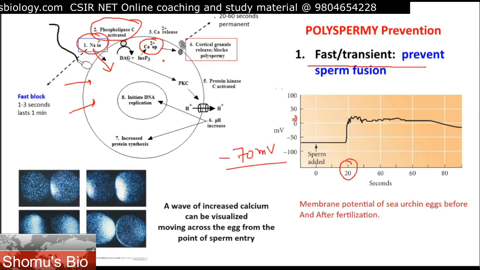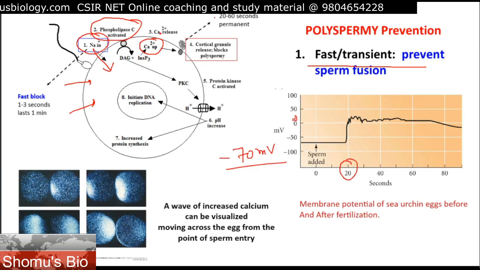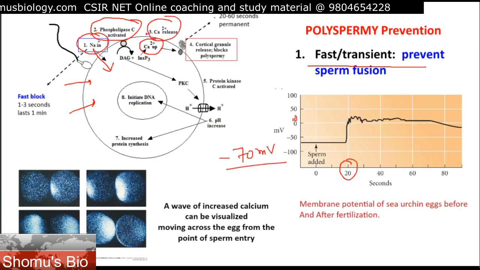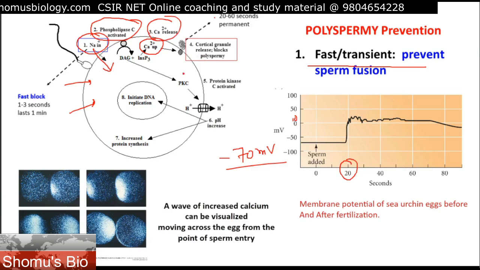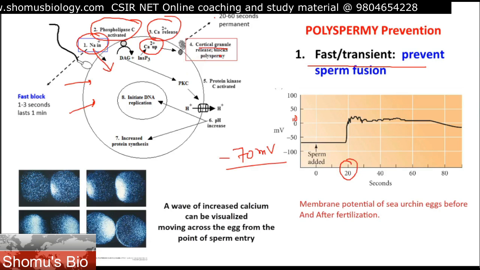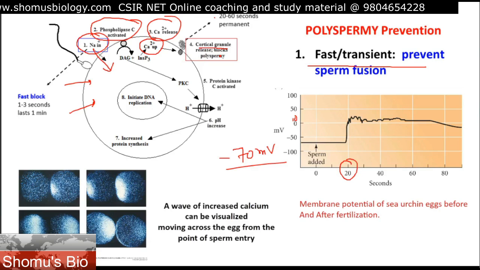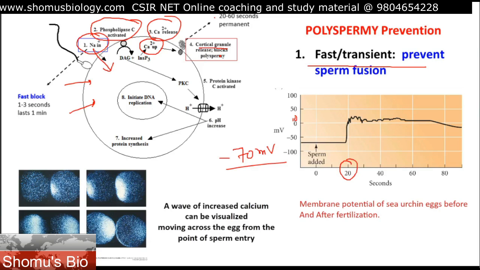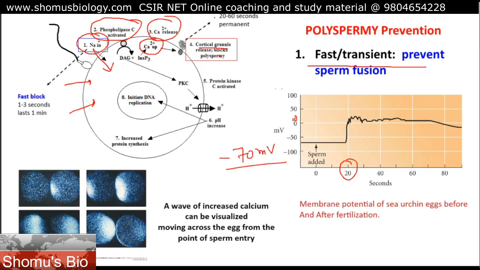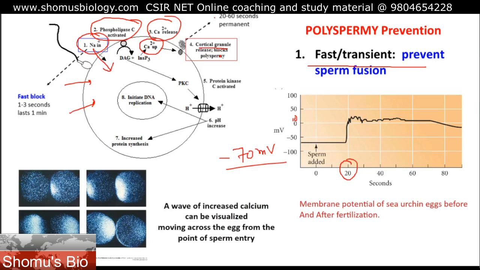So this more calcium will trigger the release of calcium mediated granules, which are present inside that egg, known as cortical granules. Okay, so in the egg they have these vesicles filled with what we call cortical granules. They produce a lot of hydrolytic enzymes, which also help in preventing polyspermy, especially in the slow block of polyspermy.